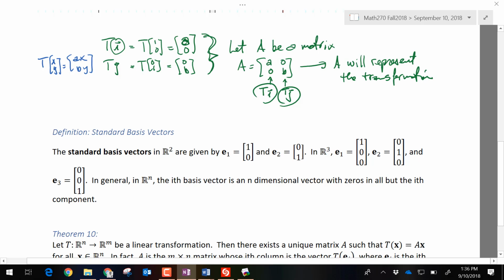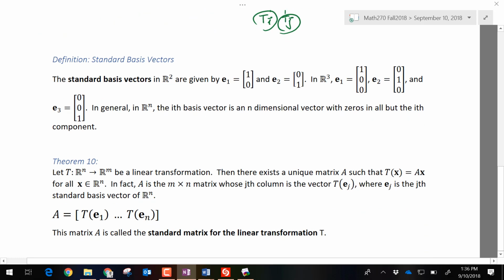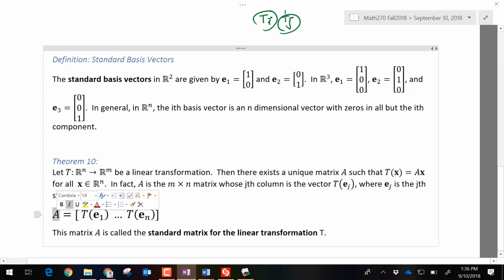And then the second column happens when we transform the second standard basis vector, j. So your matrix can be represented as the T of each of the standard basis vectors. And so this is called the standard matrix for the linear transformation.